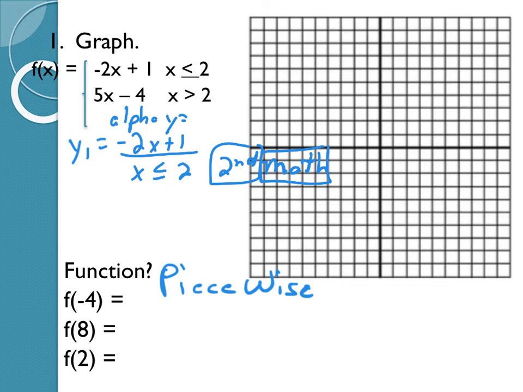And that's going to give your inequality. Then you're going to go to Y2. You're going to go to your alpha y equal. You're going to type your 5x minus 4 into the calculator. You're going to go to your denominator. X is greater than 2. And the way you're going to type in your inequality is second math, and then choose your inequality.